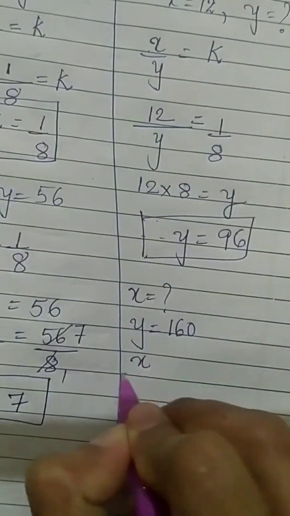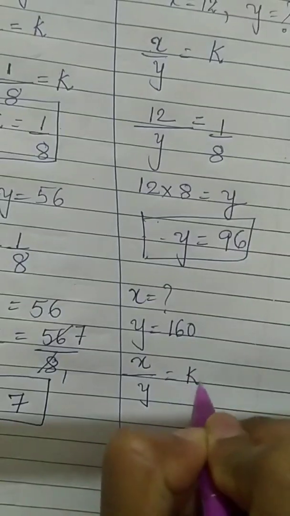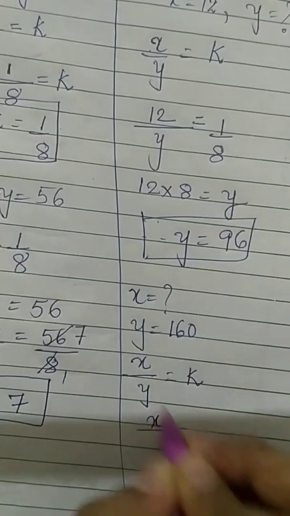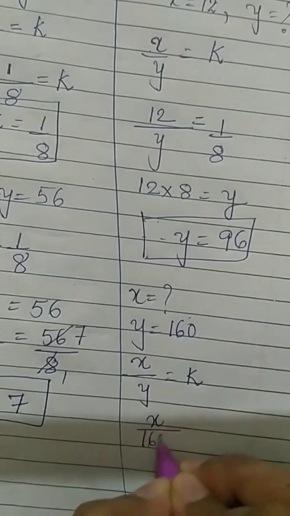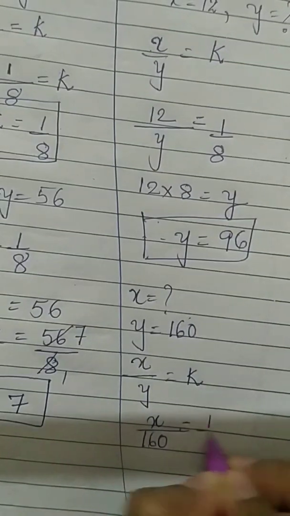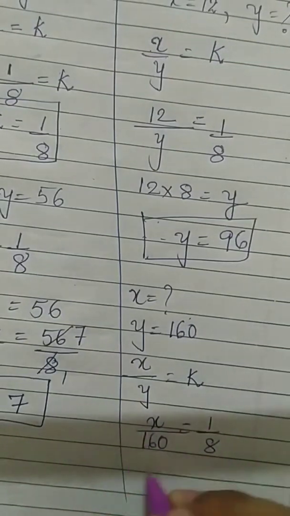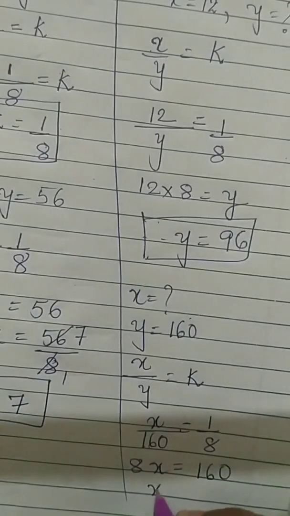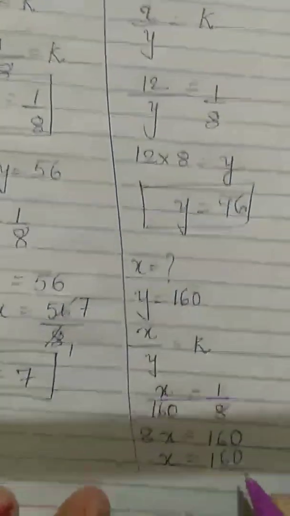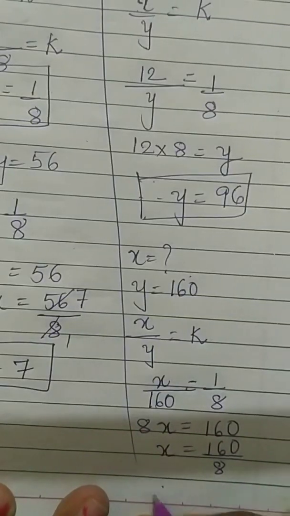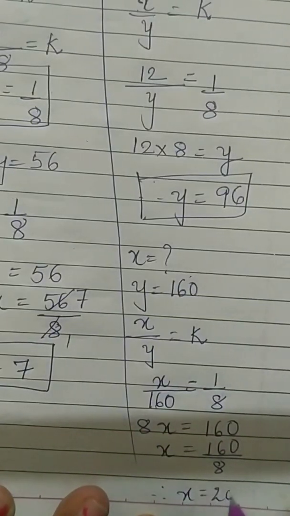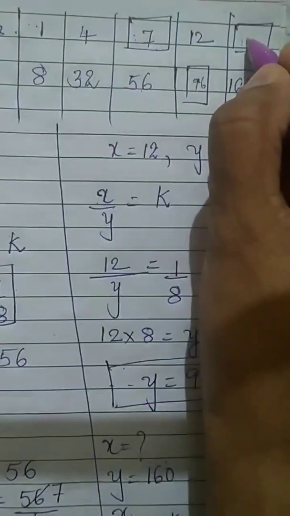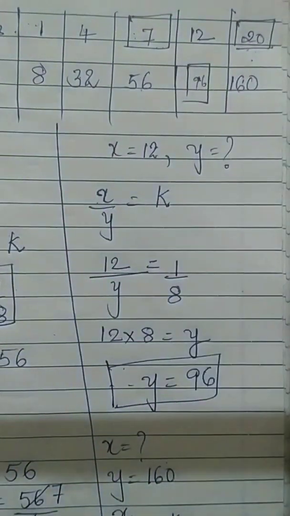So x upon y is equal to k. x will be x only, y is 160, is equal to 1 upon 8. Cross multiply. 8 into x is equal to 160. Therefore, x is equal to 160 upon 8. x is equal to 20.